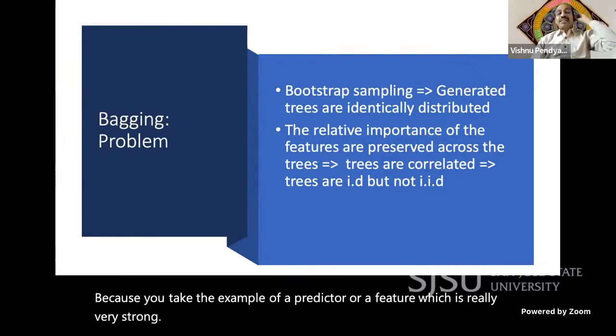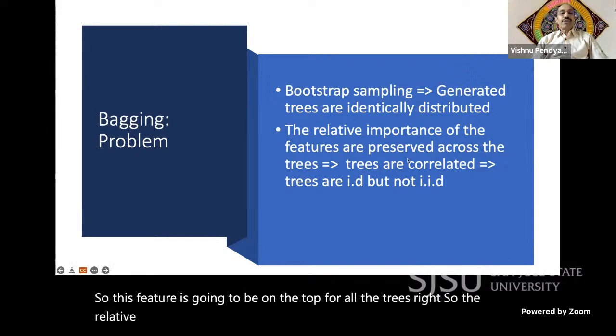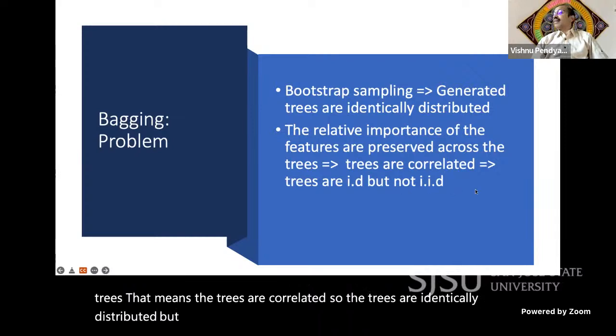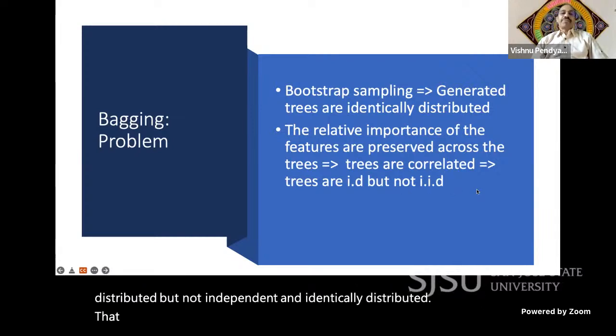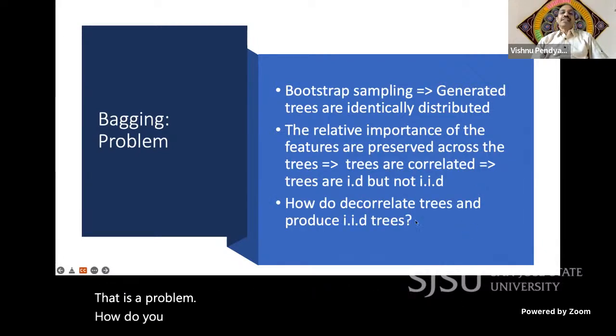This feature is going to be on the top for all the trees, right? So the relative importance of the features is more or less preserved across the trees. That means the trees are correlated. So the trees are identically distributed, but not independent and identically distributed. That is a problem. How do you decorrelate trees and produce independent trees is the question.